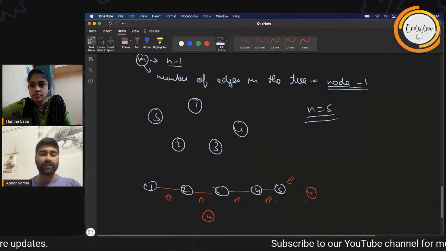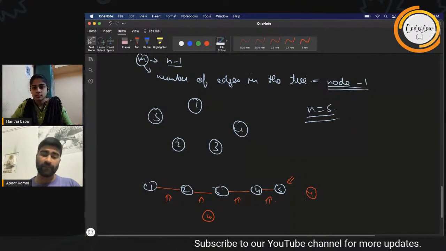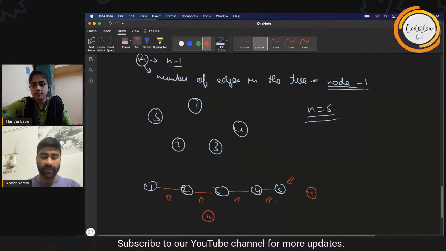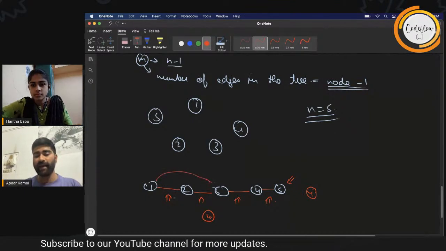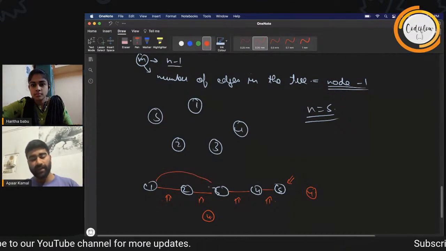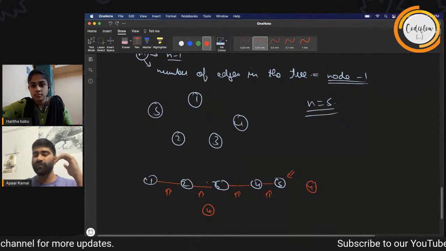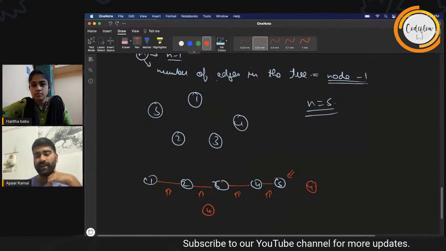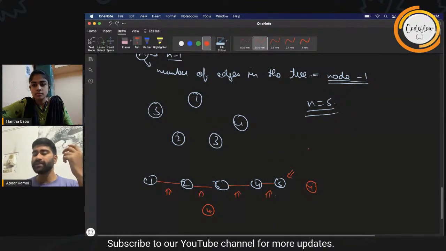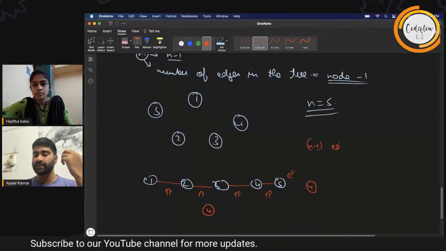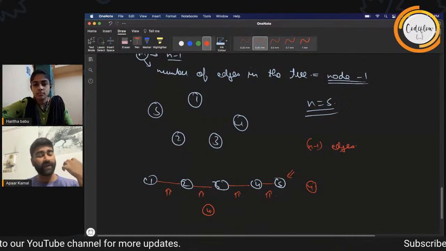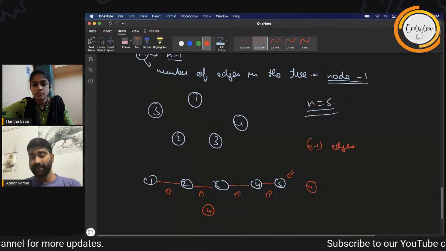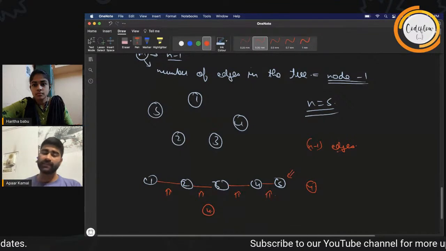Now think that if I add one more edge anywhere, let's say an edge from 1 to 3, between any two nodes, then that will result in a cycle, right? That means after n minus 1 edges, if I add at least one more edge into this graph, then I'll get a cycle.